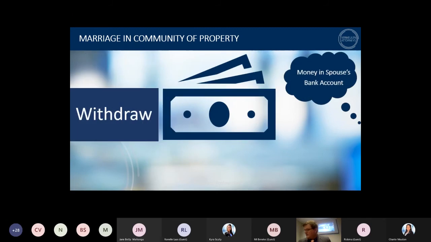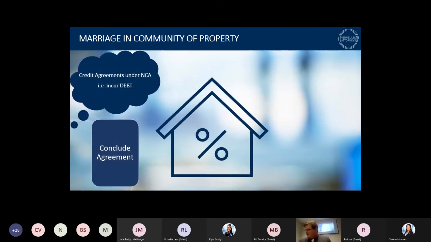Now, you cannot withdraw money in your spouse's bank account without their consent. Very, very interesting. Then finally, you cannot conclude an agreement under the NCA, the National Credit Act, without your spouse's written consent. This includes, ladies and gentlemen, very importantly, a number of things, not just the big, but also the small.